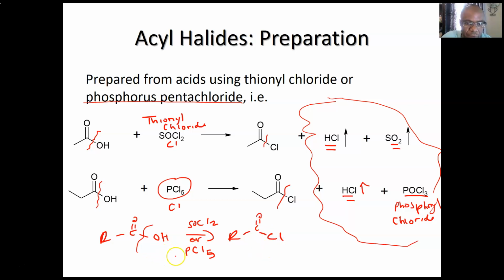That's why this is a nucleophilic, like we stated when we started in yesterday's lecture, this is a nucleophilic substitution reaction. It's not an addition, it's a substitution because the OH is replaced with a chloride using either of these two reagents.